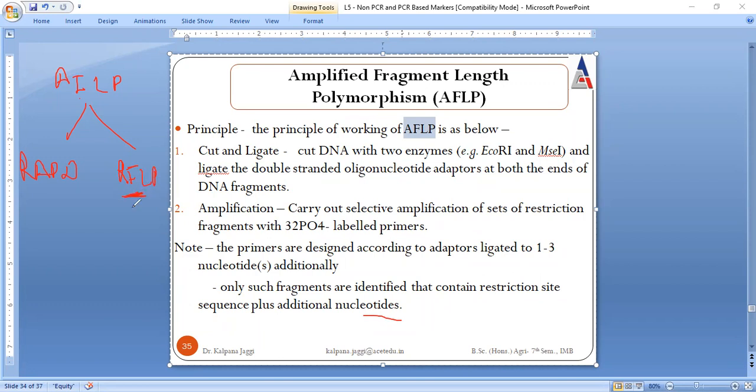Very first step here is what? Isolation of the DNA, and later on its restriction and production of fragments. These fragments will be joined together, and then they will be amplified.